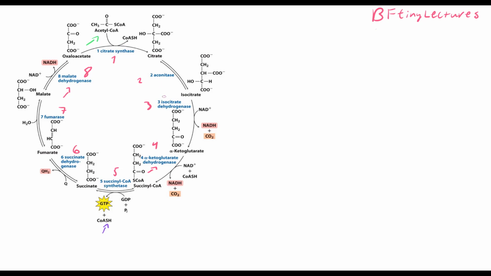But whenever you have a little bit of acetyl-coenzyme A, that means that you're not going to be producing a lot of electron carriers, right? So the TCA cycle as a whole is regulated by the supply of acetyl-coenzyme A.